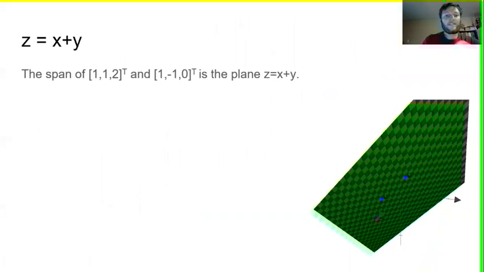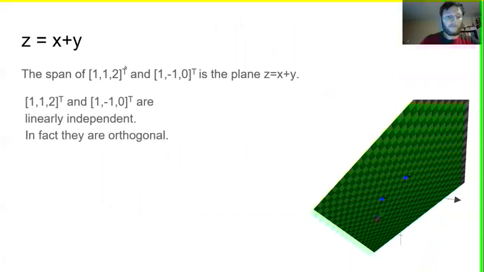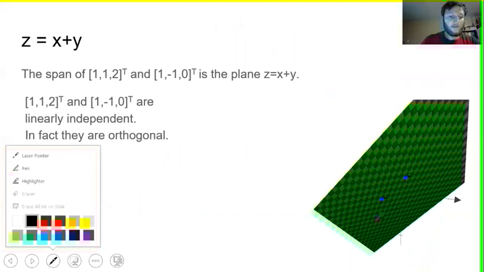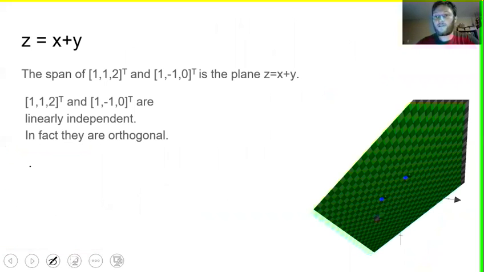By the way, this little t is just a fancy way for me to write transpose so that I don't have to take up too much vertical space. So the span of these two vectors is this whole plane, and they're linearly independent.